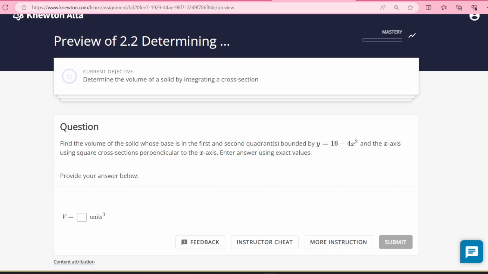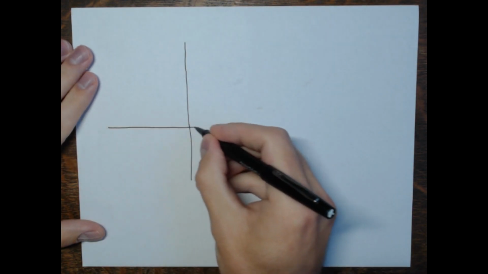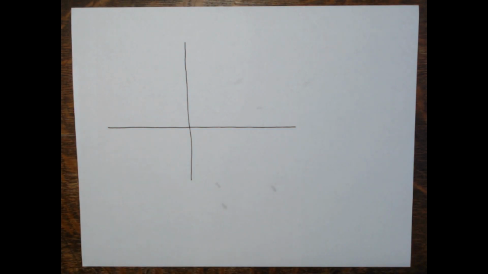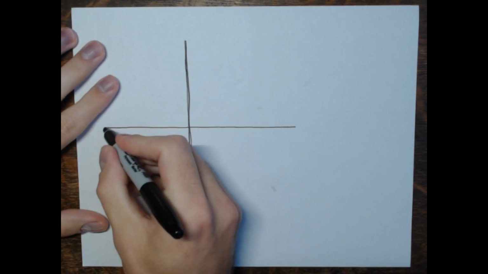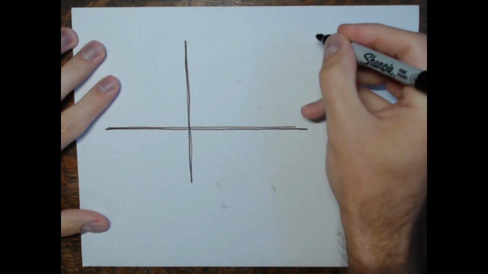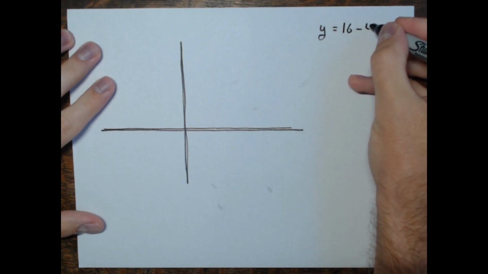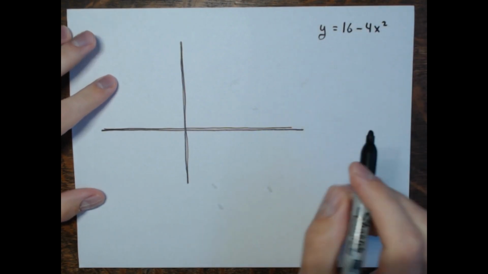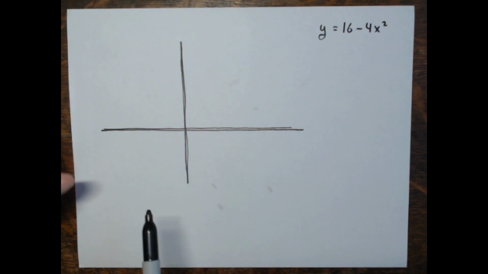So let's go to some paper here and draw this region out. So the region in question, let me grab a thicker marker. The region in question was under the curve y equals 16 minus 4x squared, and just the first and second quadrants, so everything above the x-axis.